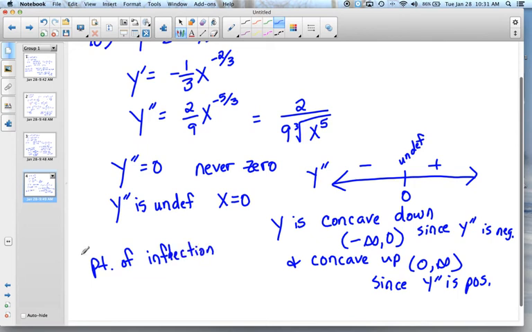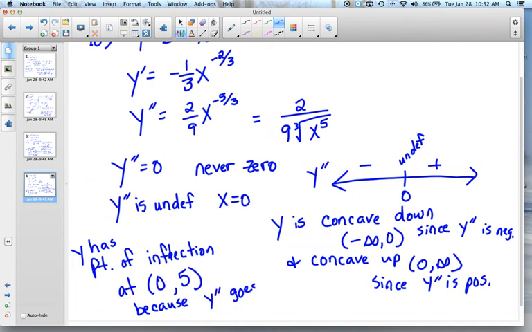Now remember, I'm saying that y has a point of inflection at 0, and if you plug that back up there, it was 5. So at the point 0, 5, we have a point of inflection because y double prime goes from negative to positive.